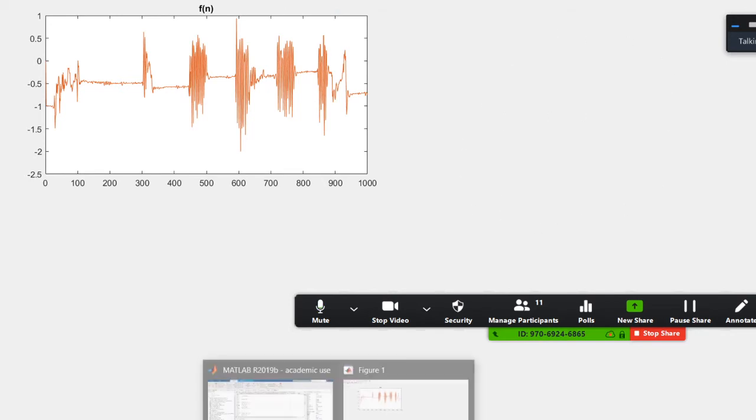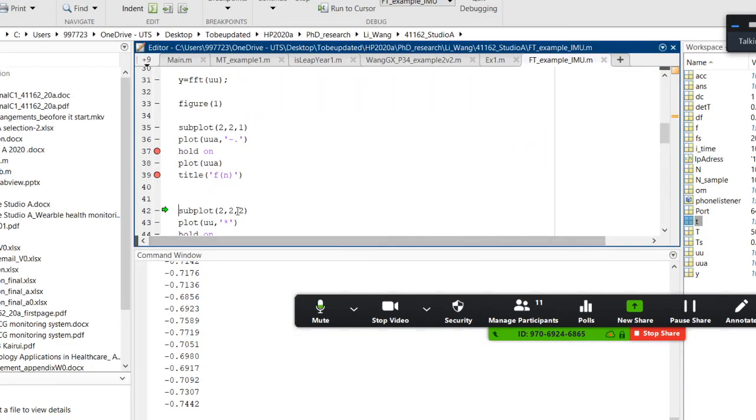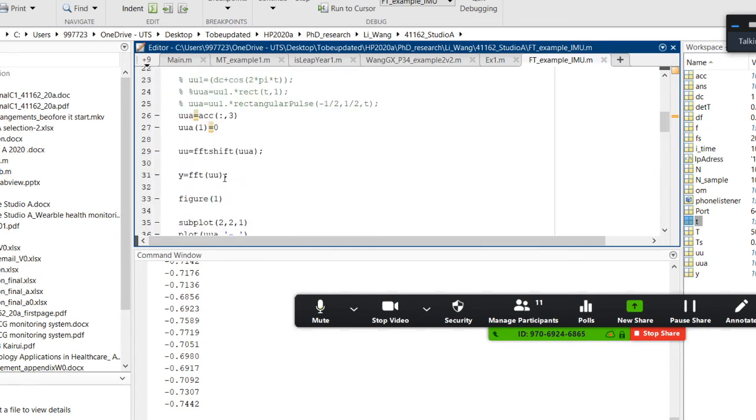For the second one we use subplot 2, so we can have 3, we can have 4. So we go to 2, and then we plot. This is a Fourier transform, or a transformed one. I think UU is, sorry, a shifted one, and then we do FFT is Y. So this is the shifted one. We can see after the shift what it looks like.